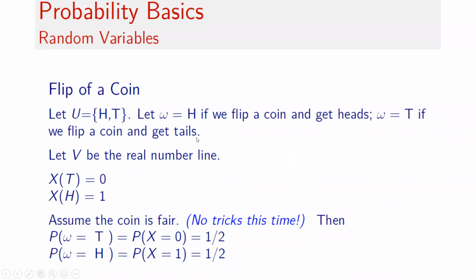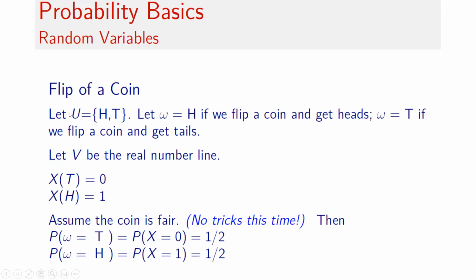So we have different events. In this case, remember that we want to move from the universe space to a vector space to take the random variables.